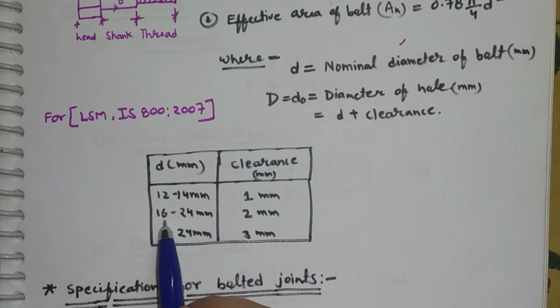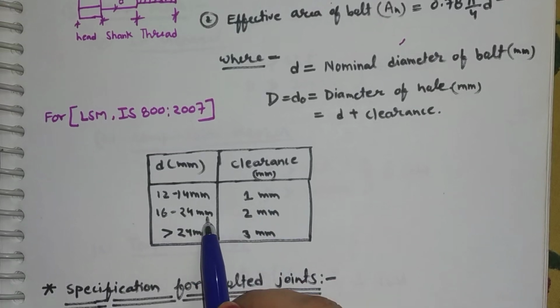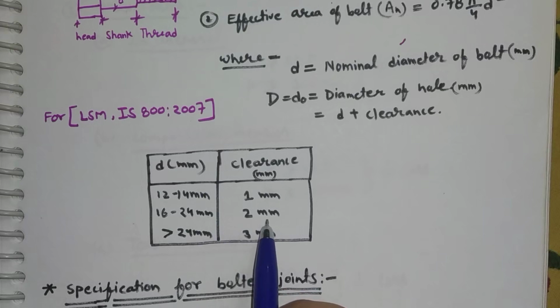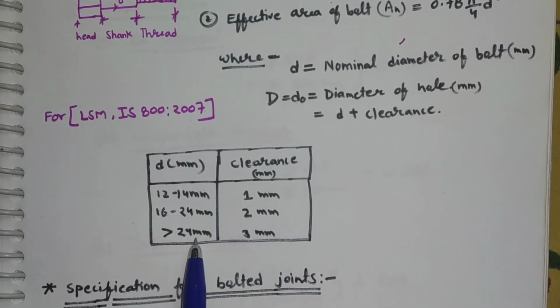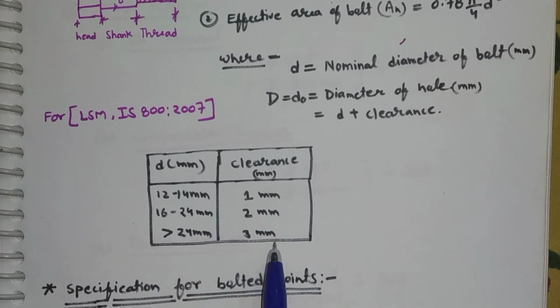For 16 to 24 mm diameter of bolt we add 2 mm clearance, and above 24 mm diameter of bolt we add 3 mm clearance.